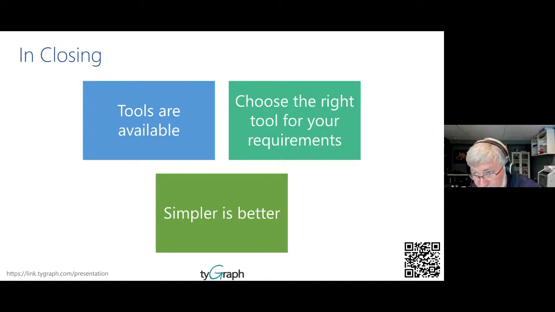If you've got a simple need to capture this stuff, use simple tools. Just use IFTTT, use Flow, use a SharePoint list, use an Excel file or a CSV file. If it's that simple, you can do that. But you also want to keep an eye on the future. If you've got ambitions on this, or you want it to grow, you might want to pick something with more scalability options. But the simpler, the better, and that goes for your report design as well as your architecture.